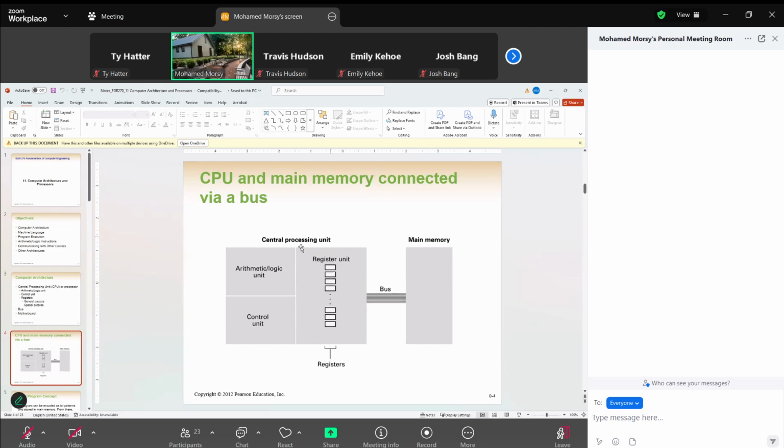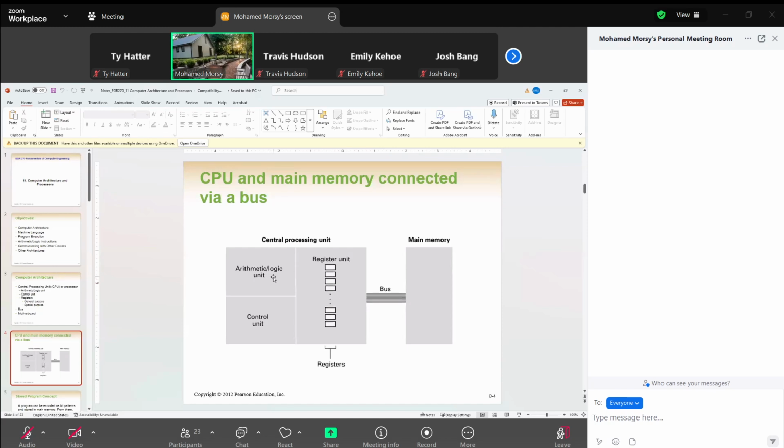So if we look at this, we can see the central processing unit, or CPU. We have the arithmetic logic unit. The arithmetic unit does multiplication, addition, and so on.